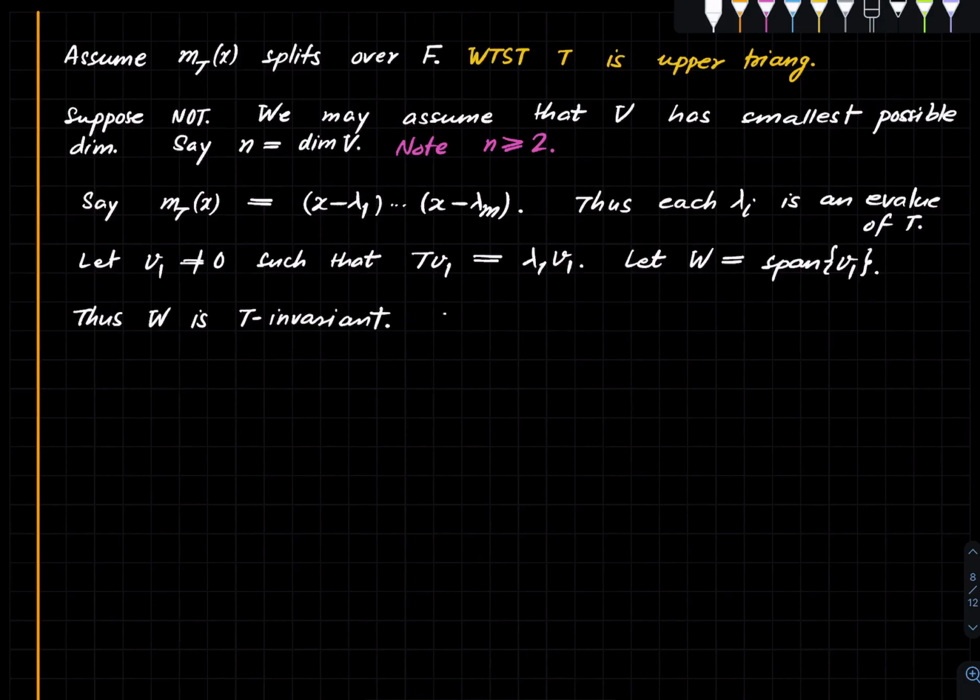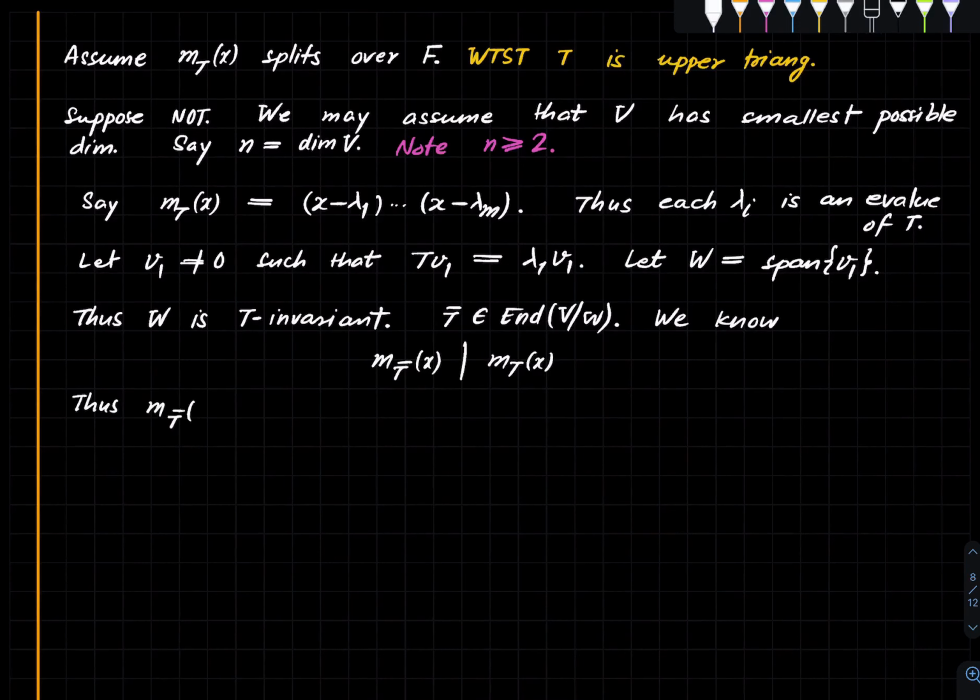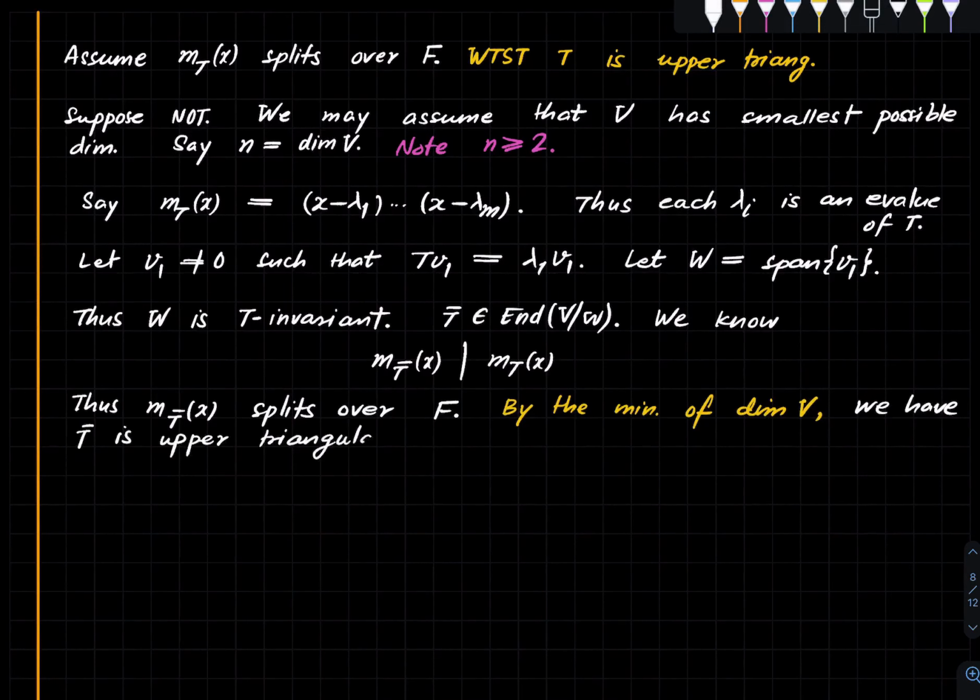So we have an operator T bar on V mod W. And we know that the minimal polynomial of T bar divides the minimal polynomial of T, and thus this splits over F because m_T(x) splits over F. Right, this splits over F because it is dividing something that splits over F. So this splits over F, and now by the minimality of the dimension of V, we have T bar is upper triangulable, right?